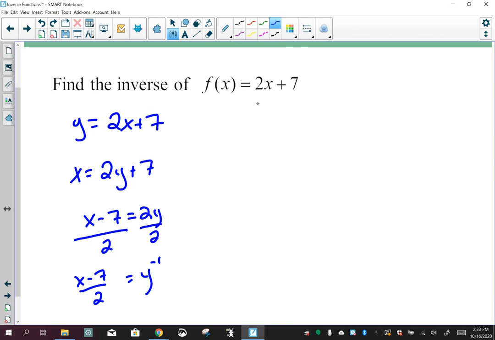So when I say find the inverse, I'm going to say f inverse of x is equal to x minus 7 over 2. Okay? So when you go through this process, make sure that you're watching out for your x's and y's. Make sure that they're going in the right positions and everything else, so that way you're not losing out on how to do any of this stuff. Okay?